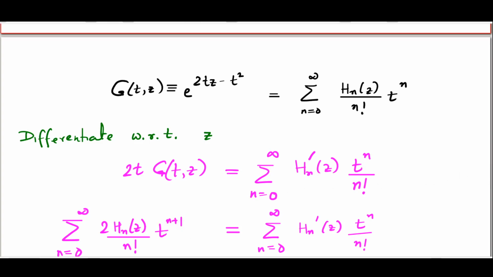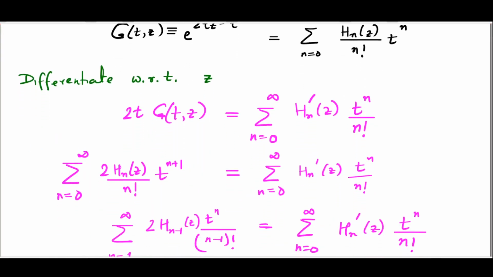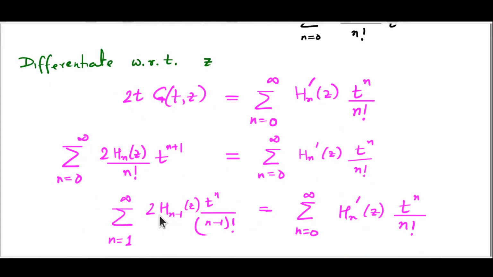But we know how to do that. We have already done that several times before. So we will change n plus 1 to n, which will tell us that this Hn will become Hn minus 1, the n factorial below will become n minus 1 factorial, and the limit will start from 1 and go to infinity.